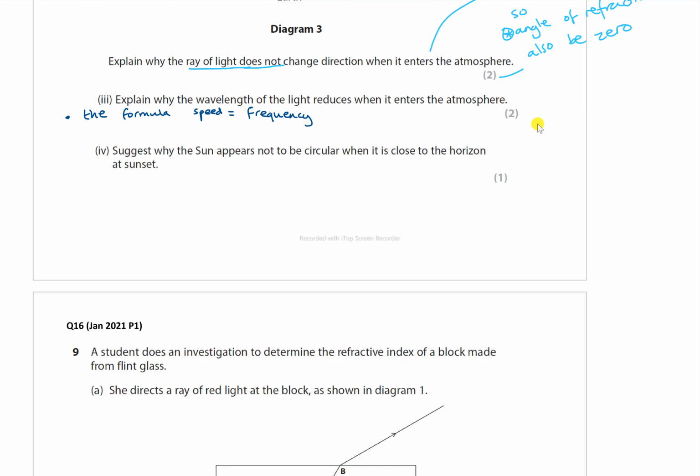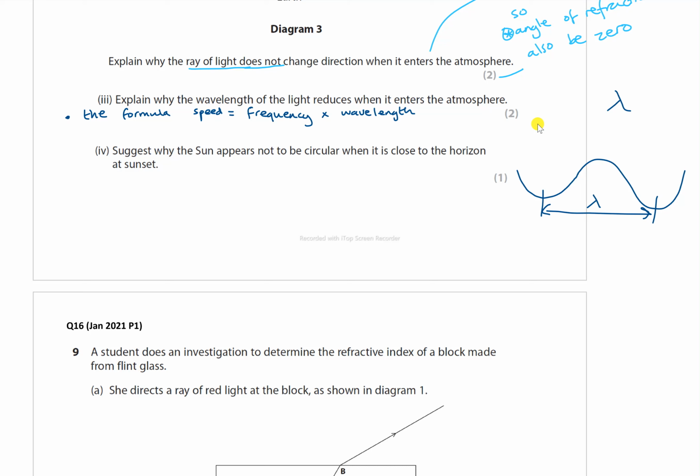Let's write it in words: speed equals frequency times wavelength lambda. Remember wavelength is from trough to trough, from there to there. That is wavelength lambda.